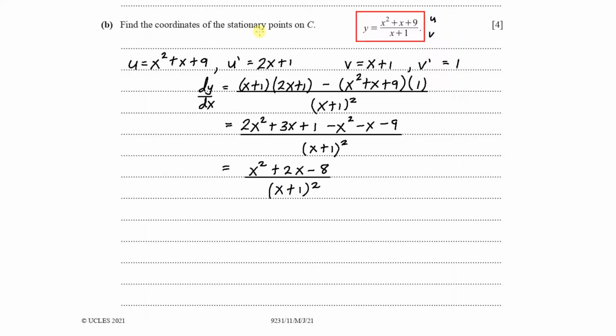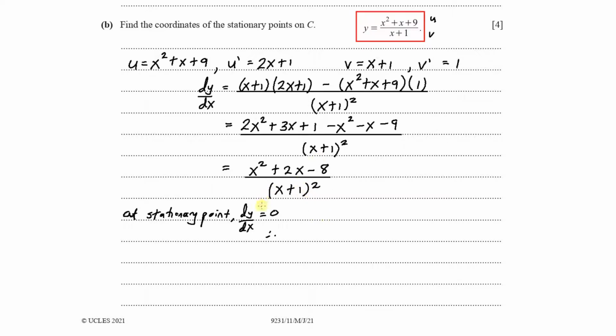Now, since it's a stationary point, we know that at a stationary point, dy/dx is equal to 0. So we are going to equate this expression to 0. If we do, we will multiply both sides by (x + 1)².